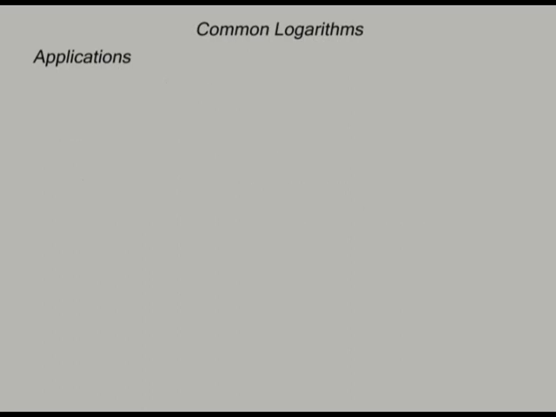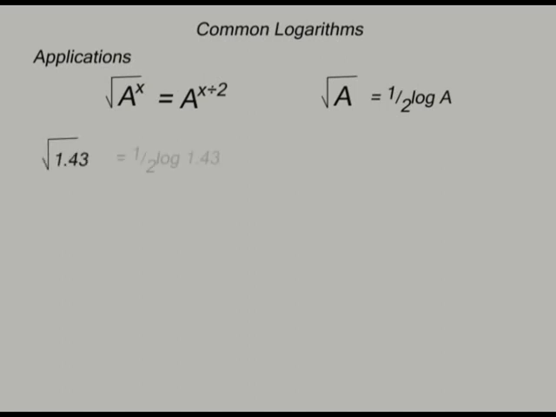Now in indices, we saw that to find the square root of an indexed number, we divide the power by 2. Here again, we divide the logarithms by 2 or multiply by a half. That is to say, the log of the square root of a is equal to a half the log of a. For instance, the square root of 1.43 is equal to a half times log 1.43.